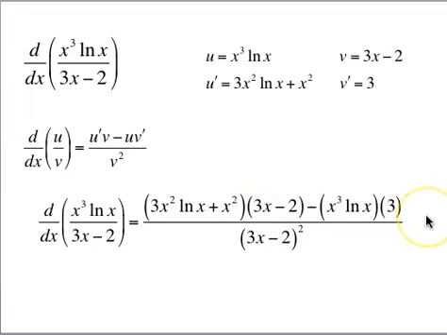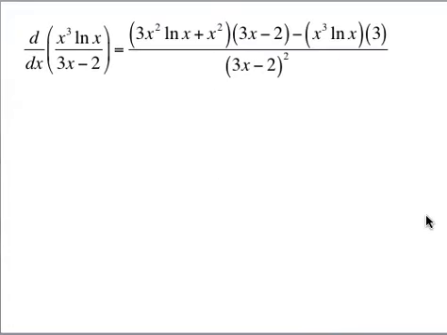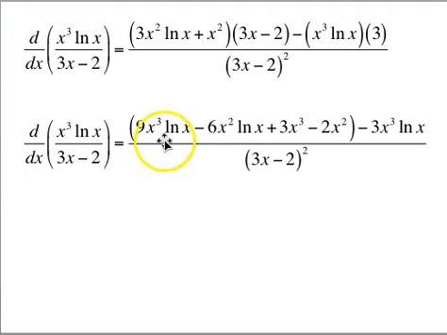No need to distribute over there. That is just going to be minus 3x cubed log x. So again, doing the distribution, we see 9x cubed log x minus 6x squared log x plus 3x cubed minus 2x squared minus 3x cubed log x.